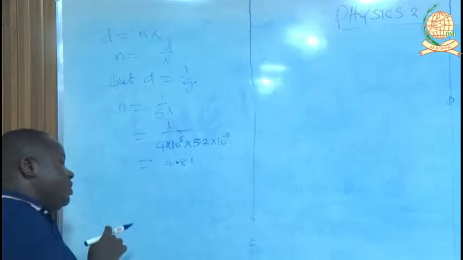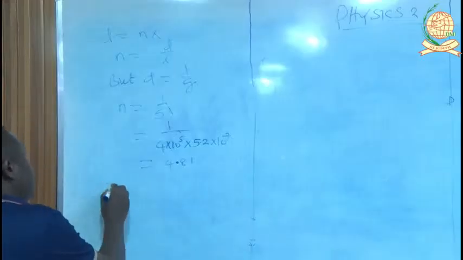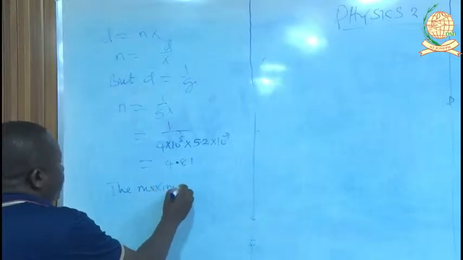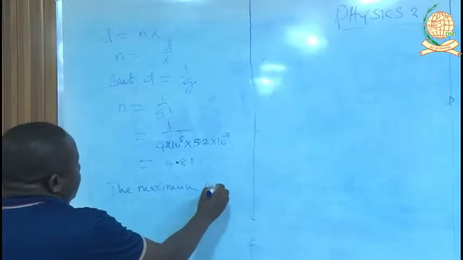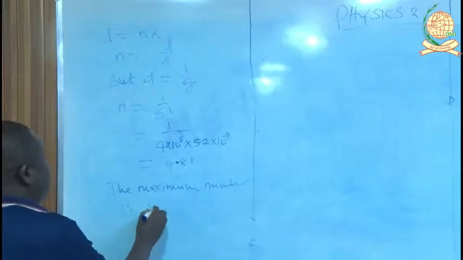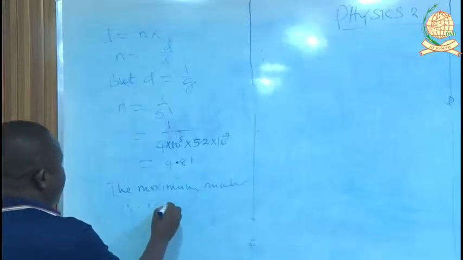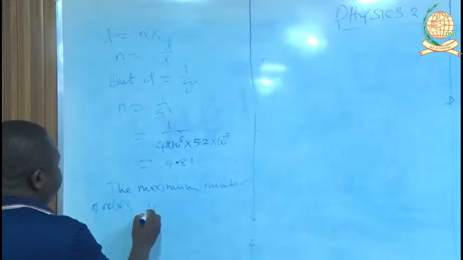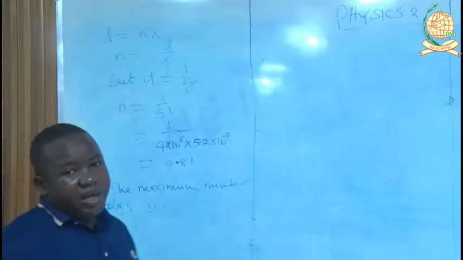Take it the way it is. So the maximum number of order is 4. That is one approach.